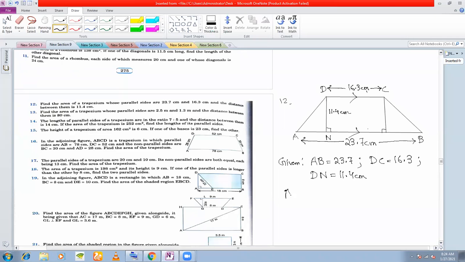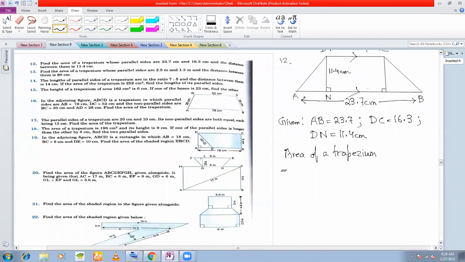So area of a trapezium is equal to half the sum of the length of parallel sides into height.